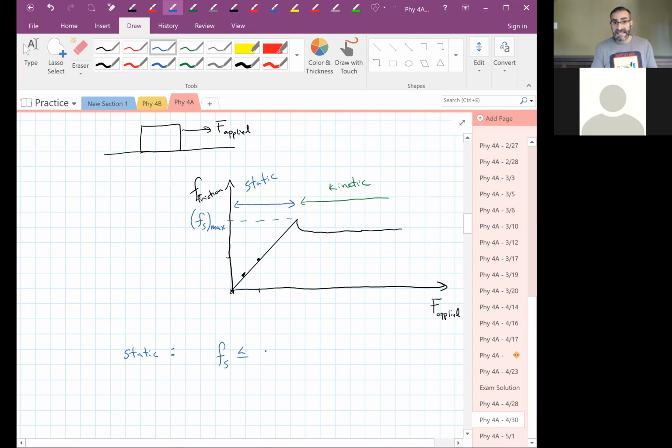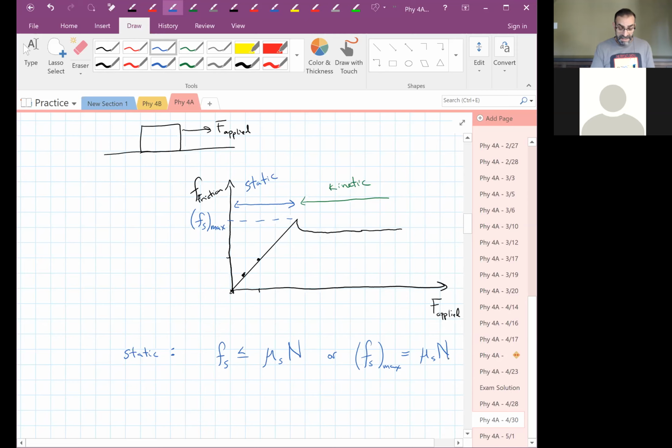So it's always less than or equal to some constant times the normal force. Or another way of writing that, the maximum is equal to that constant times the normal force, however you like to think of it.